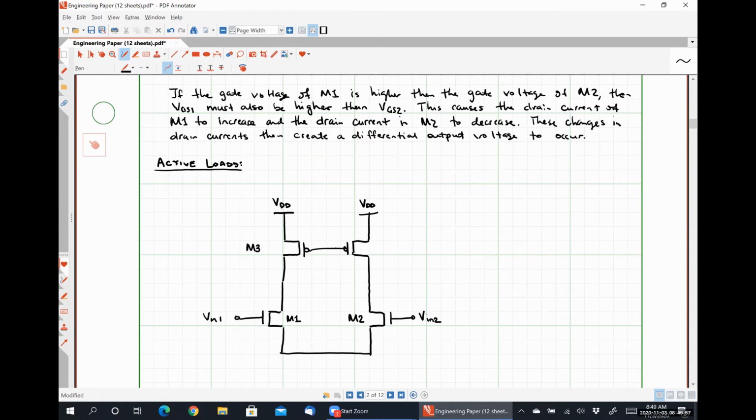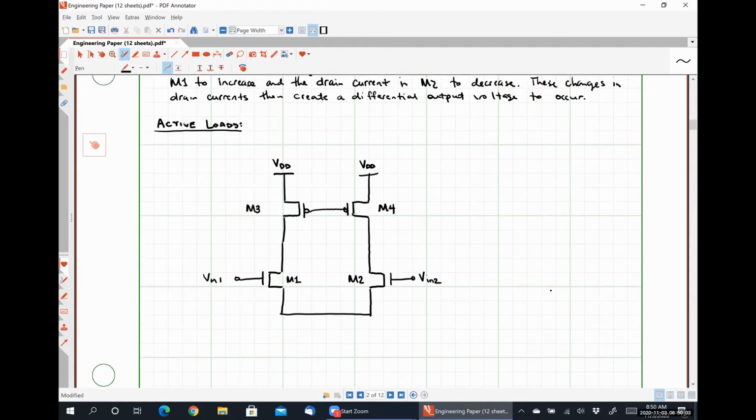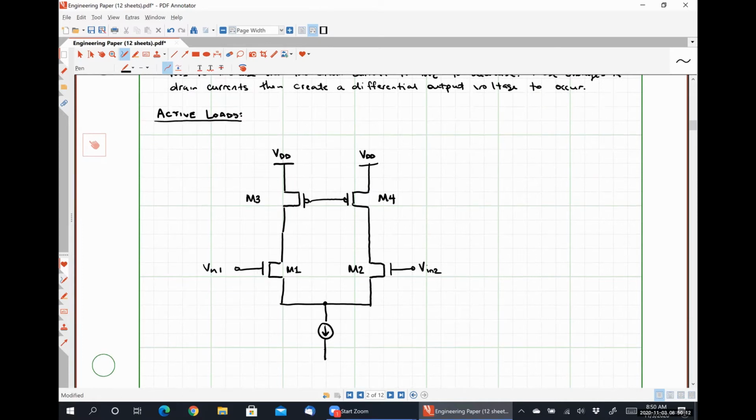We apply VN2, which means this is going to be M4. Here is our reference current, I bias, and we're going to do one thing here.